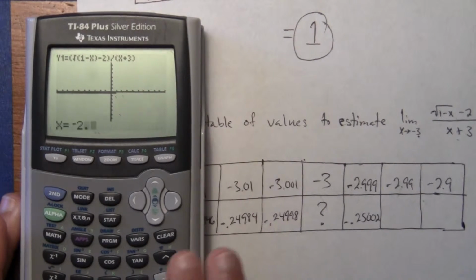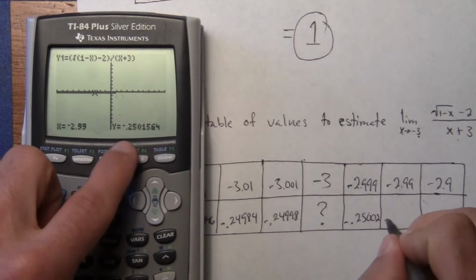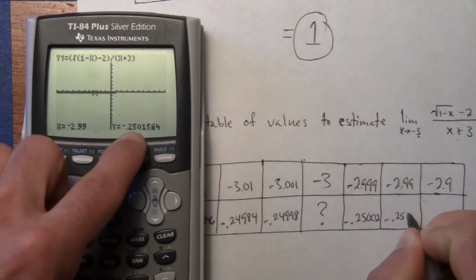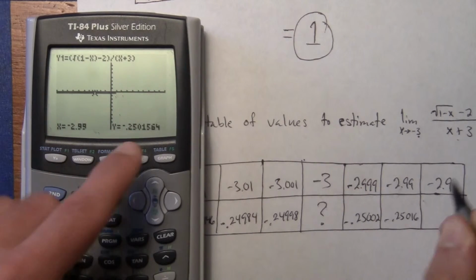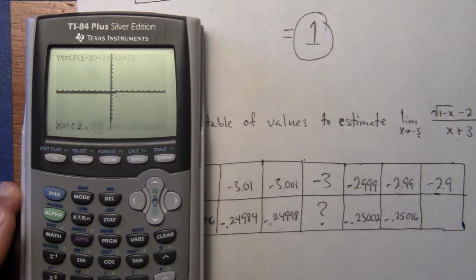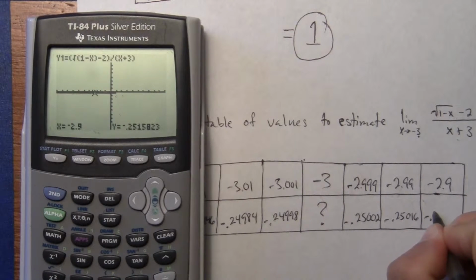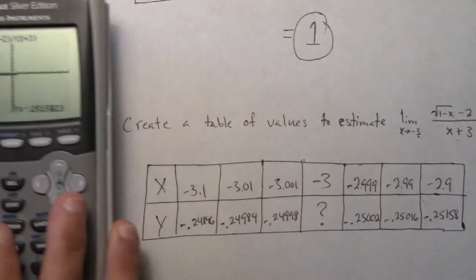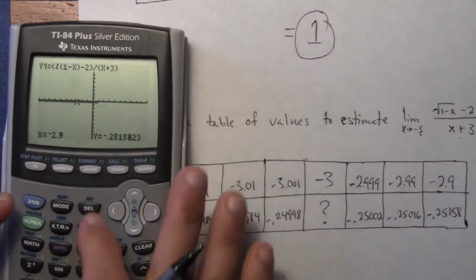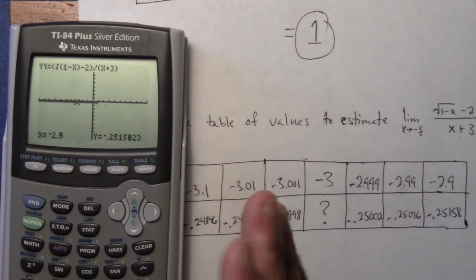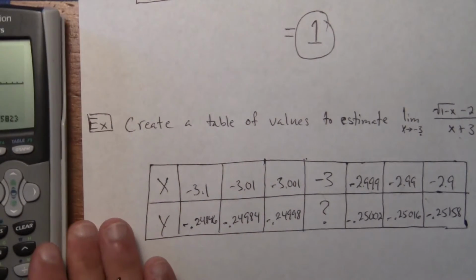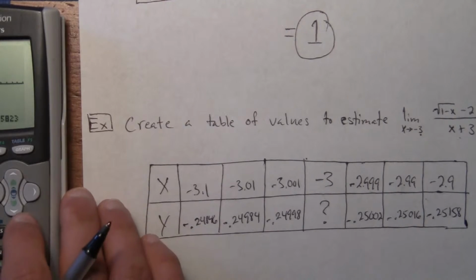Negative 2.99, hit enter, it's negative 0.25016, and negative 2.9 is going to give me negative 0.25158. So either way you like to do it, whether you like to go to table set and then change the table around, or whether you like just entering the numbers in, they take probably about the same amount of time.